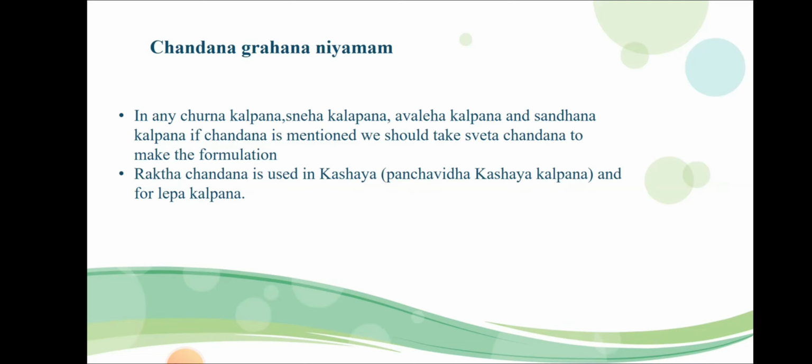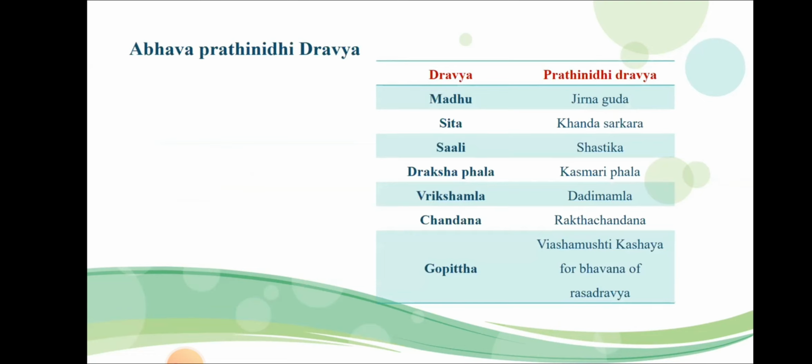And next is Abhava Pratinidhi Dravya. Pratinidhi Dravyas are known as substituents of a herbal drug. These are narrated in the Ayurveda classics when the original drug is not available. These are some of the Pratinidhi Dravyas explained in the Iatrochemistry of Rasa Shastra textbook. If madhu, honey, is not available, you can take Jeerna Guda. If Sita is not available, you can take Ghanta Sharkara. If Shali is not available, Shashtika Shali is prescribed.